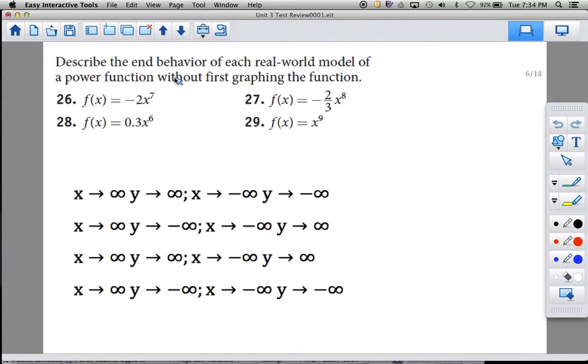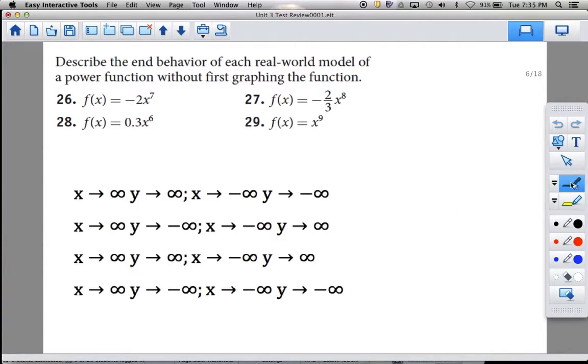All right, you will have a problem where you have to describe the end behavior of the function. It tells you without first graphing the equation. Honestly, I don't care if you graph it or not, as long as you can tell me what all this means. So pay attention to which side of the graph you're looking at.